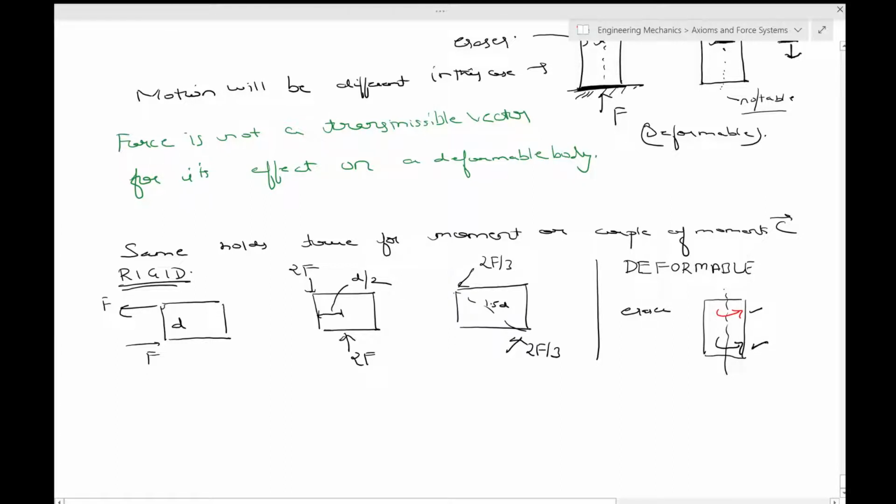So moment, or a couple of moments, is not transmissible in a deformable body, the same as for the force.